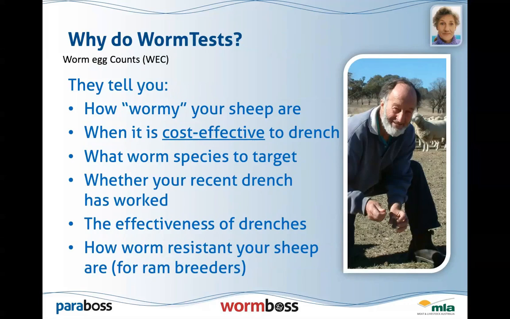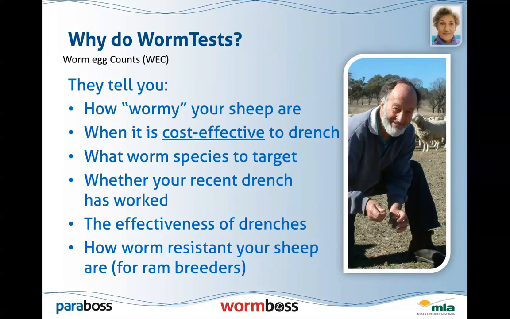So WormBoss recommendations have drenching thresholds, and they're based on what those worms are costing you versus the cost of treating those worms. Now, you can also find out what species of worm you have, as I mentioned, with a larval culture, but identifying them requires considerable experience, and it's only done by some laboratories.